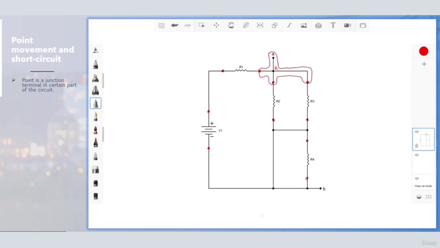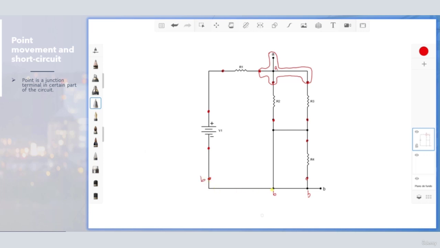And going down, we already have the point B. As you can see, B is also here, and B cannot go to here because the resistor 4 is blocking, but can go in this direction. Here we have B. Also we have B in this region. We can connect a terminal here and call this B also.